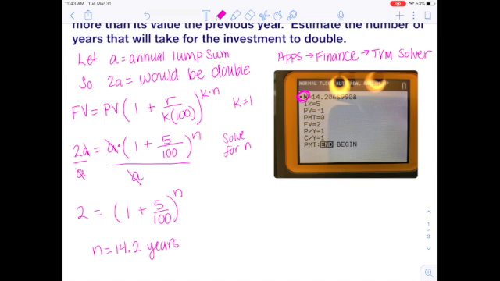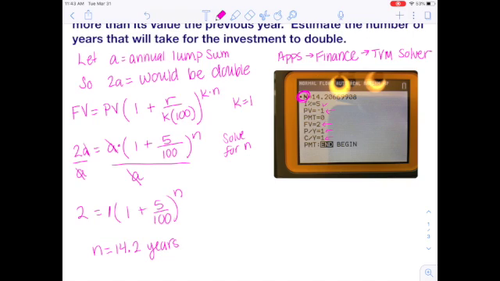Now, I already solved for that N, but you're going to have a 0 for the N until you solve it. So you're going to enter 5 for your interest rate. Our present value is technically 1 because it's 1 times that big set of parentheses. And for your present value, you need to make that negative. And then you're going to enter your final value as 2, leave everything else there. Our K is 1, so that makes these all 1.